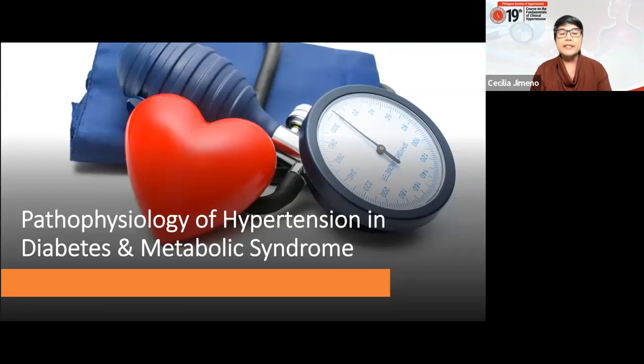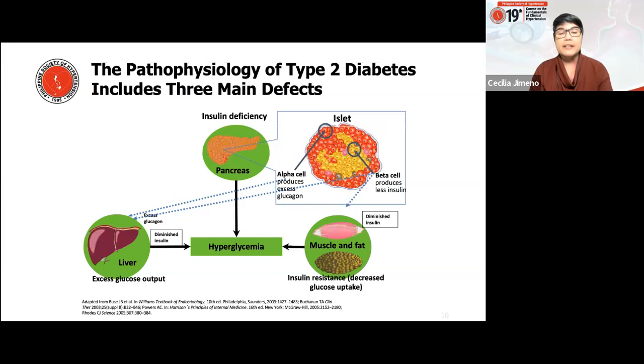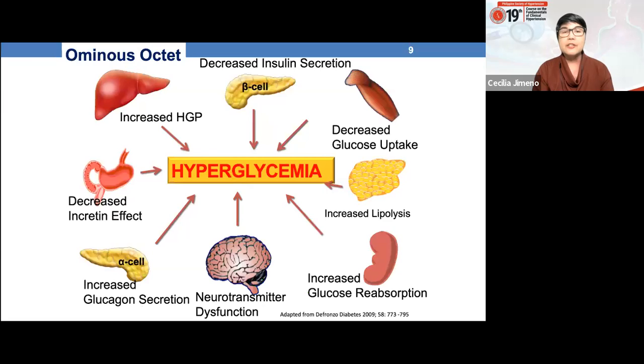And recognize that even if over many years type 2 diabetes has been recognized to have many pathophysiologic mechanisms, such as what we see here in this figure, the ominous octet, the basic or core pathophysiology of type 2 diabetes is still insulin resistance, as well as decreased insulin secretion or beta cell failure.